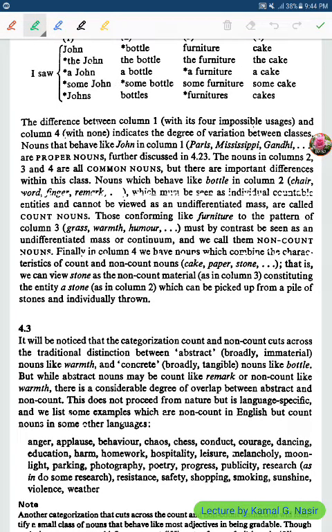Okay? Proper nouns. For example, John. John is what? A proper noun. You see? Every name of a person is a proper noun.